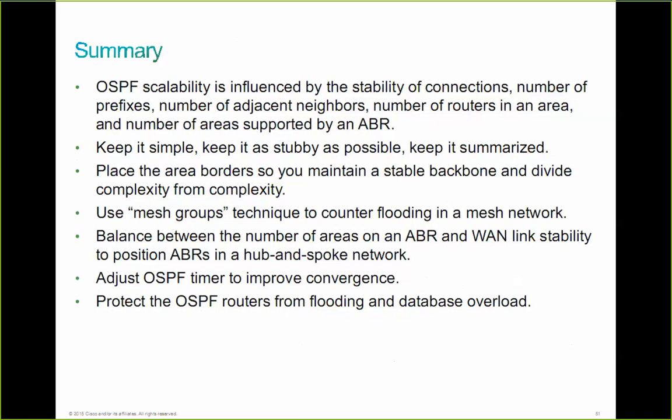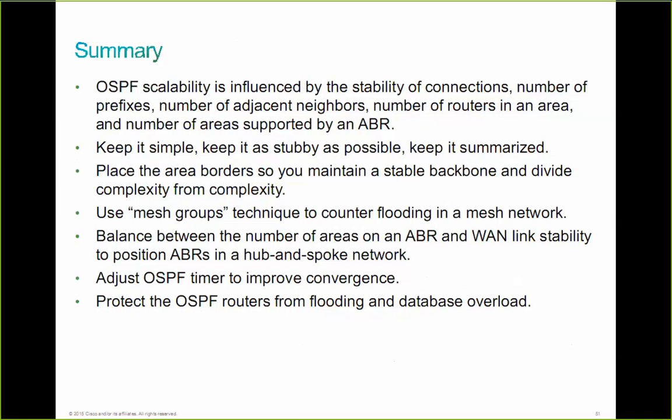Place the area border routers so that you maintain a stable backbone. And divide complexity from complexity. In other words, take your more complex implementations and segregate them and segment them into their own unique areas. All right? Use the mesh groups technique.